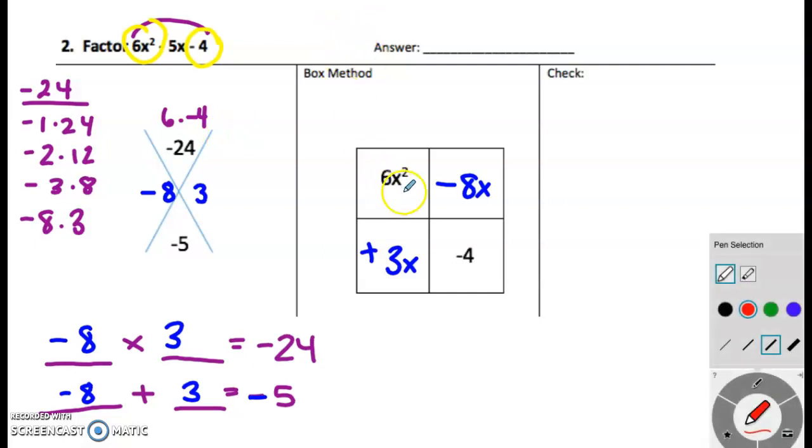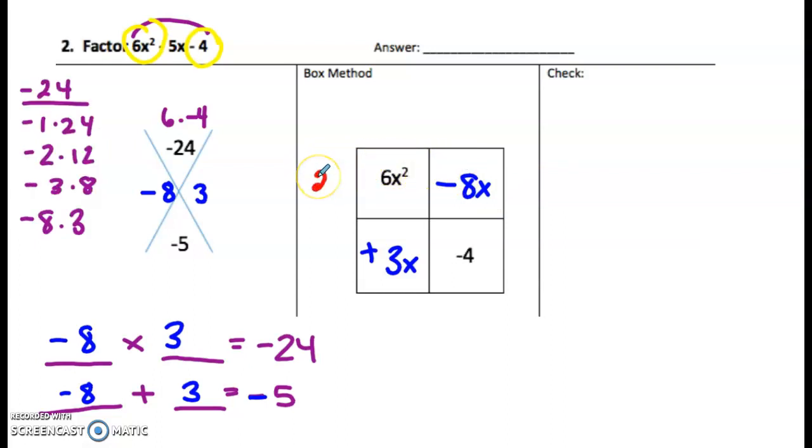Now we do what we had actually started with in this unit, and we think about GCFs. So 6x squared minus 8x. I'm going to take from that, I can divide a 6 and an 8 by a 2. From an x squared and an x, I get to take an x. When I do 3x minus 4, well, there's actually nothing except for a 1.